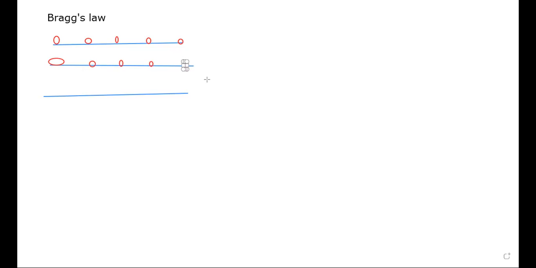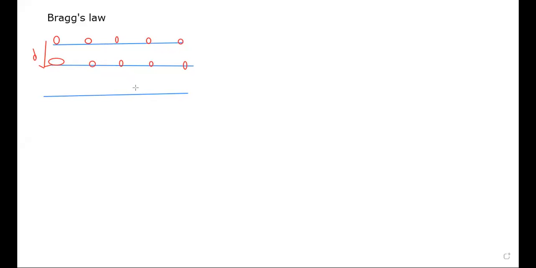So these are the planes, and we have the distance between two planes. The distance between the two planes is the interplanar distance. This distance we denote with d, and this interplanar distance is very important. We have to identify this interplanar distance.